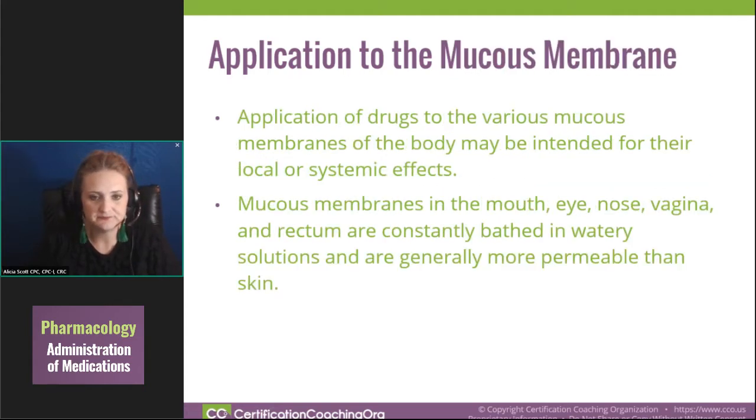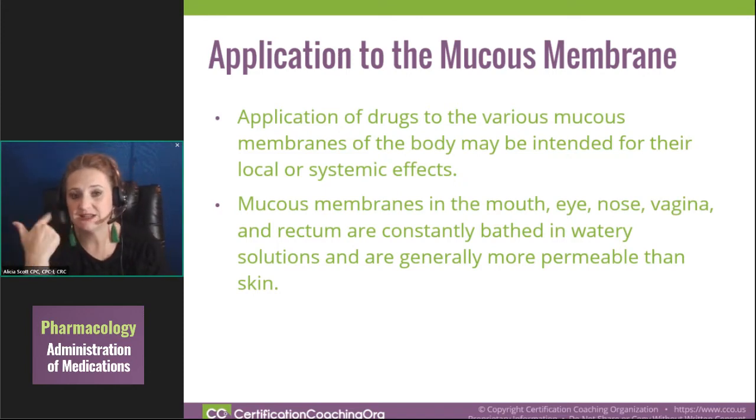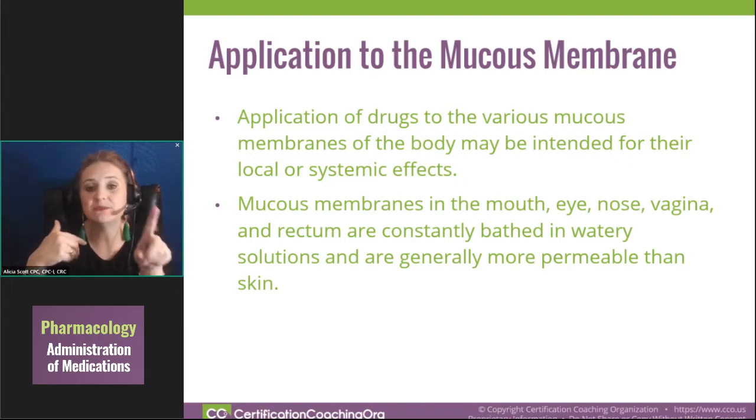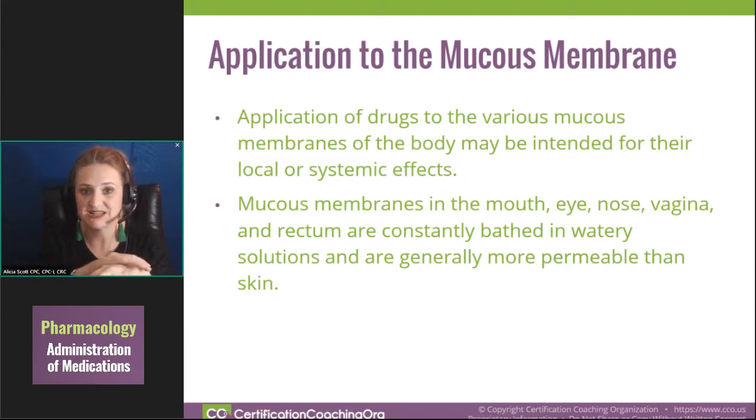You'll be very careful. The mucous membranes, that would be inside your mouth, inside your nose, vaginal, rectal. Those are all areas that have mucous membranes. What makes them different than, say, your skin is they have a very high fluid or water content. All right, so that makes them more permeable.